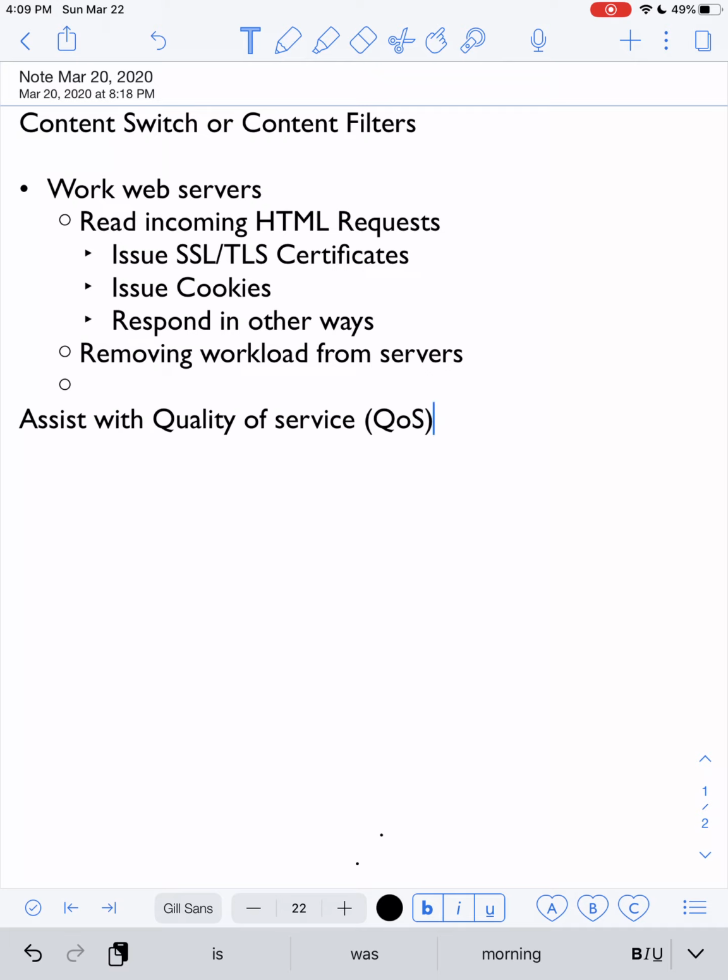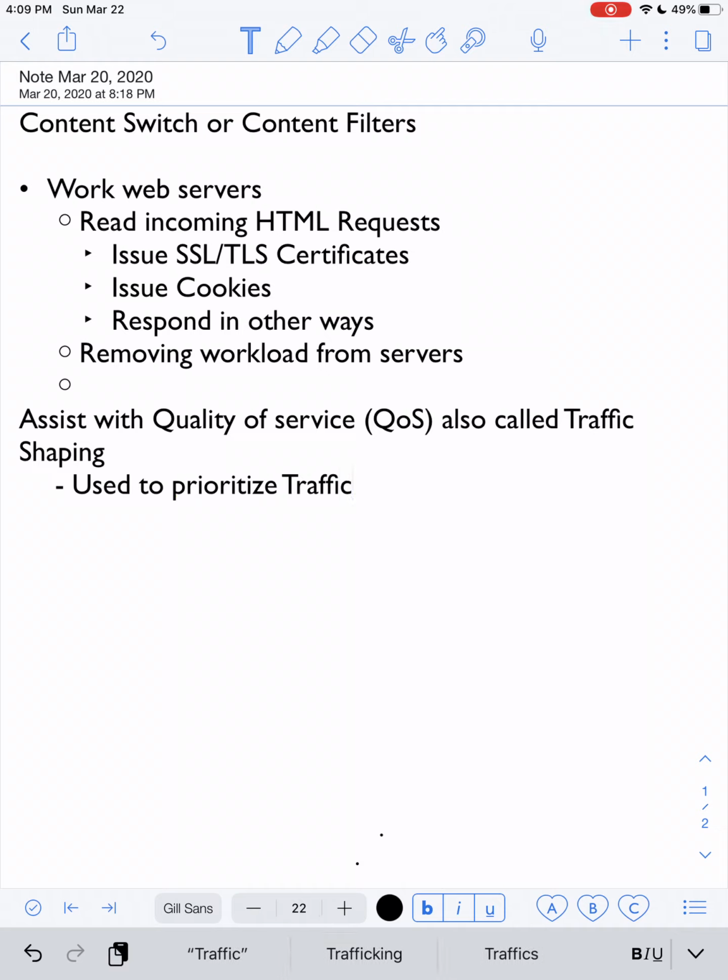Quality of service, also called traffic shaping, is used to prioritize traffic. And I've talked about this in the past briefly, but when we're talking voice or video on a network, voice traffic or packets have to get a constant priority.